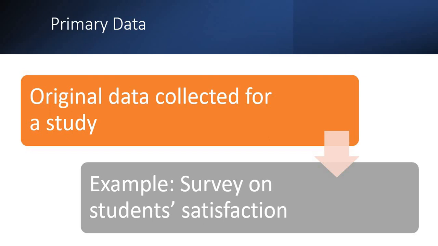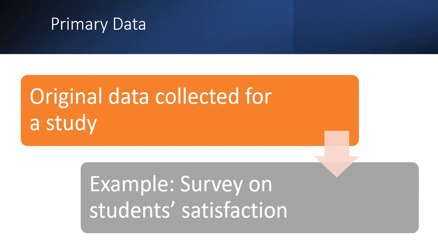For example, if a university wants to get an idea about the student satisfaction levels, it might need to conduct a survey. This data is not already available anywhere and has to be collected. So this type of data is called primary data.